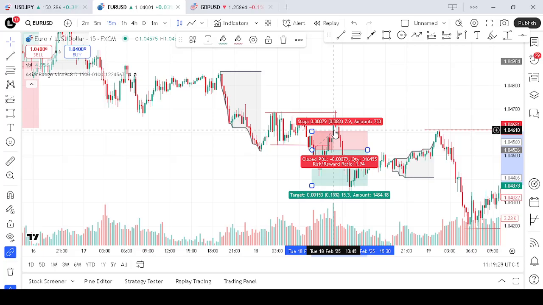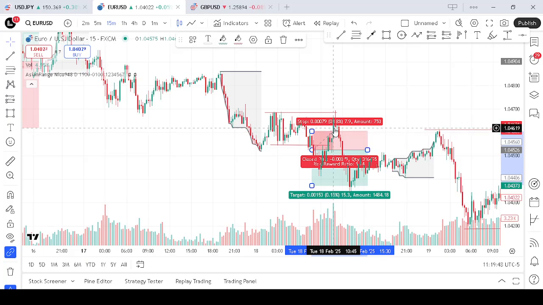This allows you to automate your entries when price reaches your desired level. Using pending orders can help you avoid missing opportunities during fast-moving markets, especially during high volatility in the New York session.